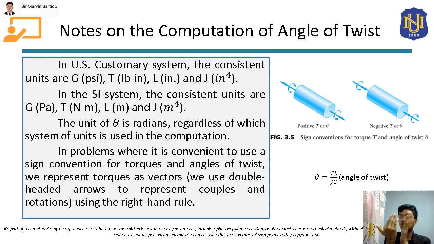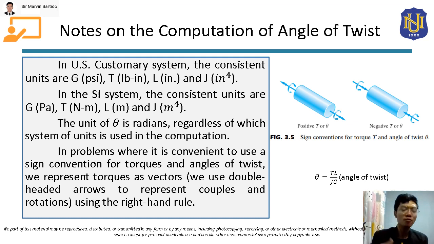Using the right-hand rule, if the double-headed arrow is pointing away from the cross-section, that will be a positive internal torque, and the angle of twist theta will also be positive. But if the double-headed arrow for an internal torque is pointing towards the cross-section, that internal torque and angle of twist will be negative. Okay, so that's clear.